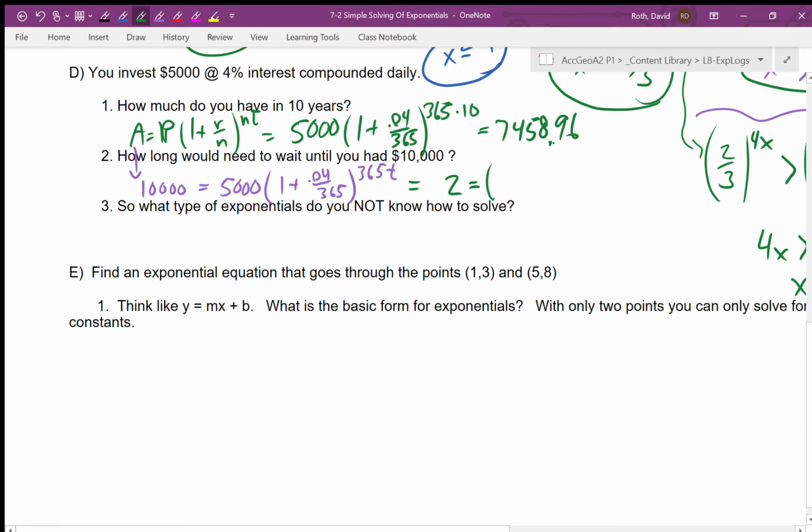What is 1 plus 0.04 divided by 365? Let me get my calculator out. I don't have it written down here. Hopefully you don't just let me do all the work here; pause and work it. Divided by 365, 1.0001... Now, this actually brings up a really good point.